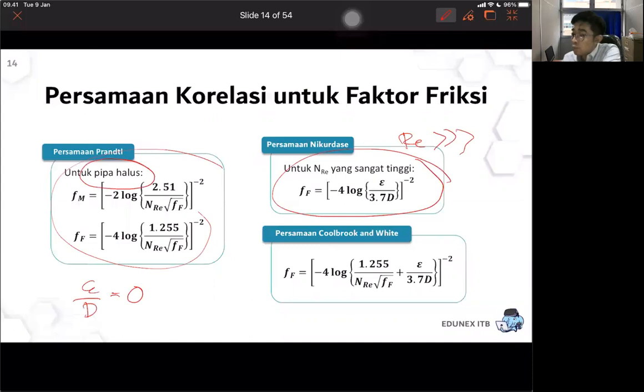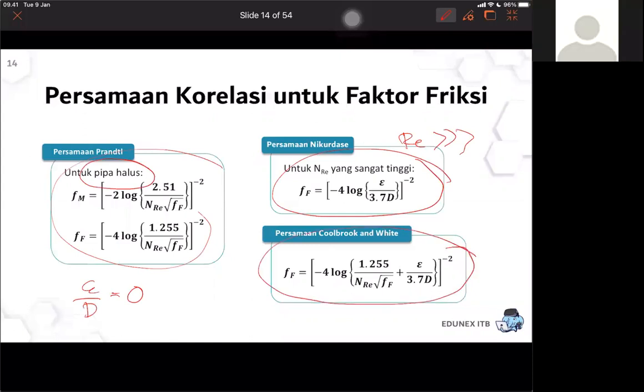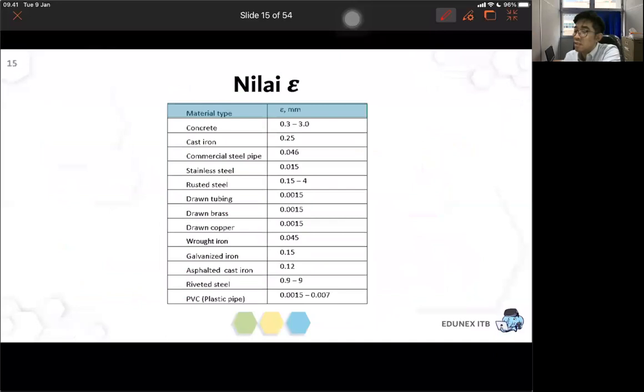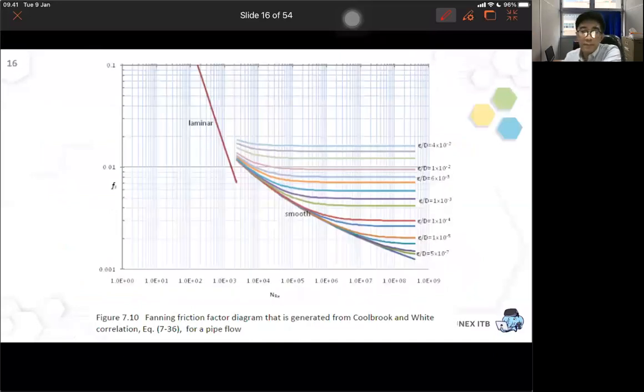But if it's in between, you can use this equation, which requires circular calculation, a trial and error. First, guess the friction factor, get the second value, put it back into the equation, and do the iteration.